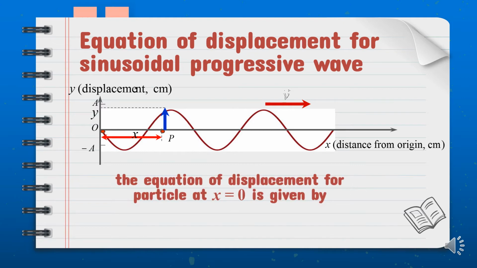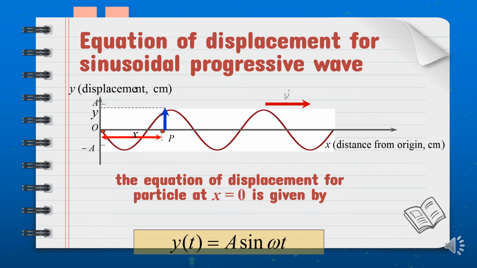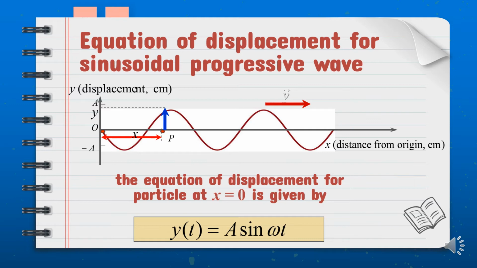The equation of displacement for the particle at x equals 0 is y equals A sine omega t, where y represents displacement, A represents amplitude, omega represents angular frequency, and t represents time.